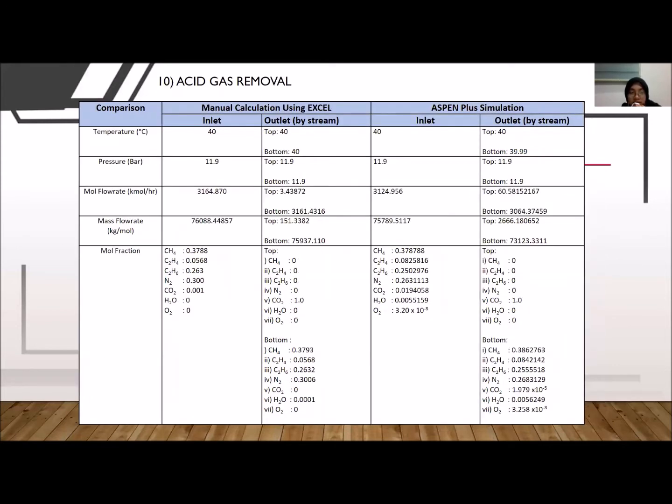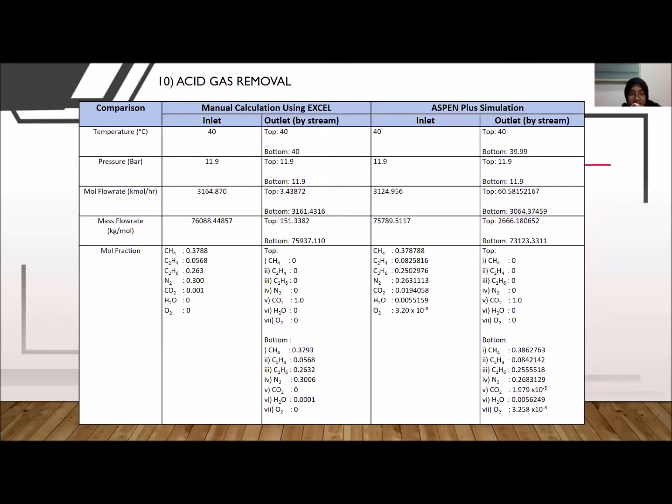Next is acid gas removal. The function of acid gas removal is to remove carbon dioxide gas from the main stream. In the manual calculation, the flow for this process is a bit different from the Aspen calculation, because it has its own recycle stream in this unit.